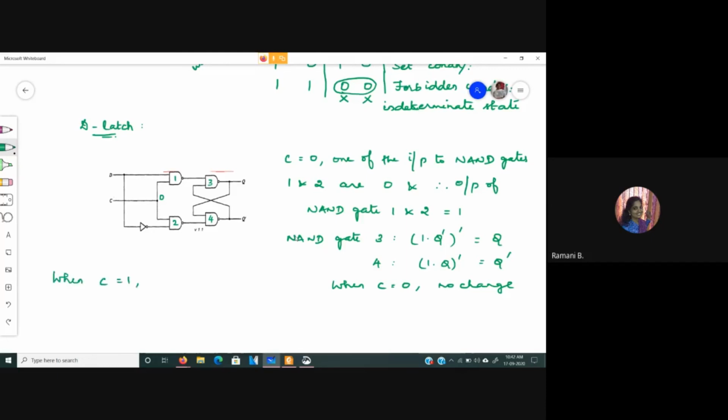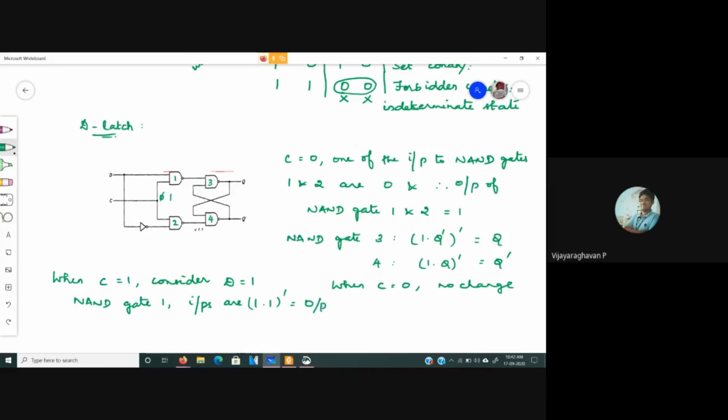When C is equal to 1, as one of the inputs to NAND gates 1 and 2 is 1, you have to know what the value of D and D bar is going to be. So let us consider D is equal to 1 first. With NAND gate 1, the inputs are 1 ANDed with 1, the whole bar, which gives me the output to be 0, right?